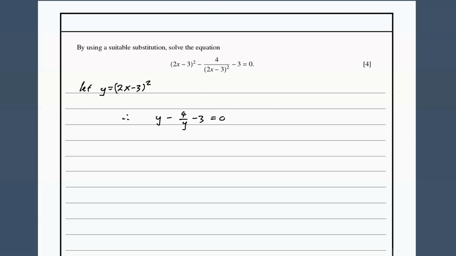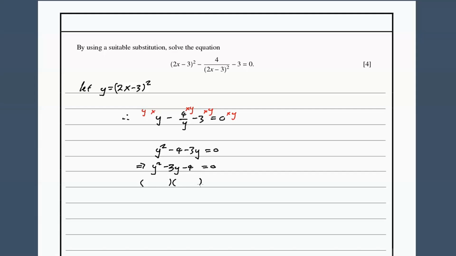So I am going to multiply each one of the terms by y. So by y here, by y here, by y here, and by y here. And this will give us y squared minus 4 minus 3y is equal to 0. Rearranging, that's y squared minus 3y minus 4 equal to 0.